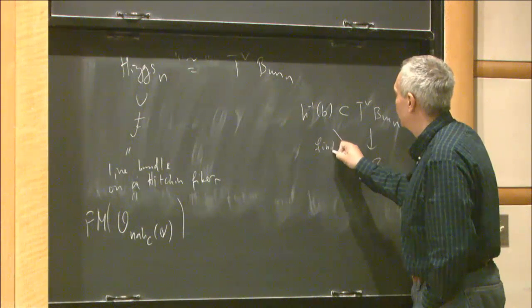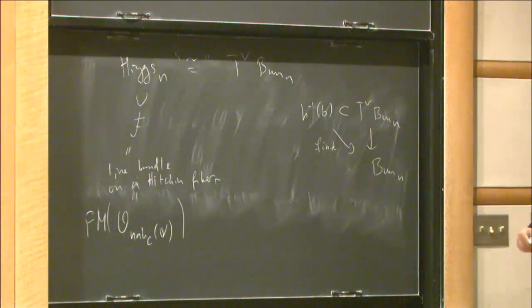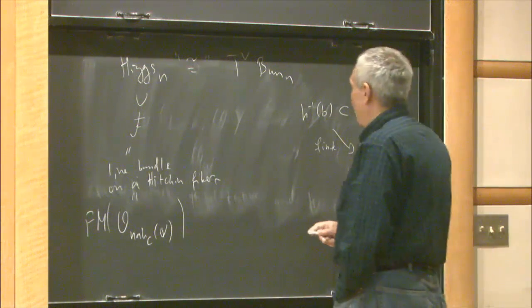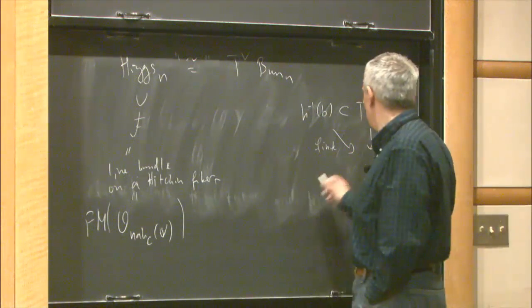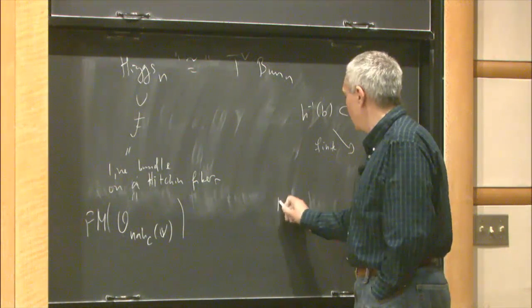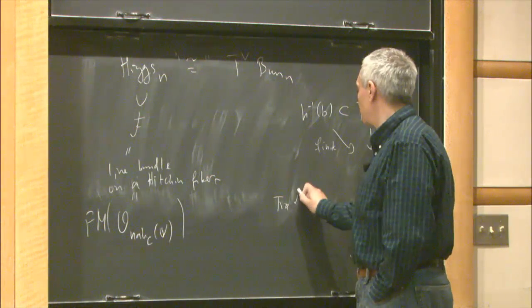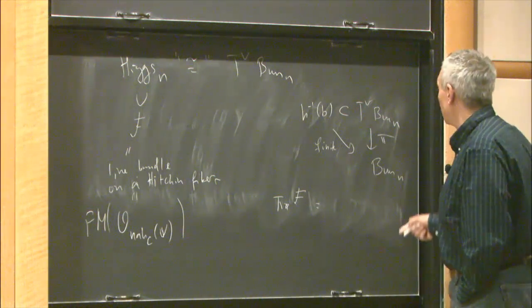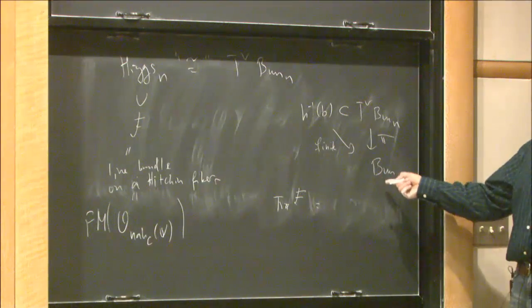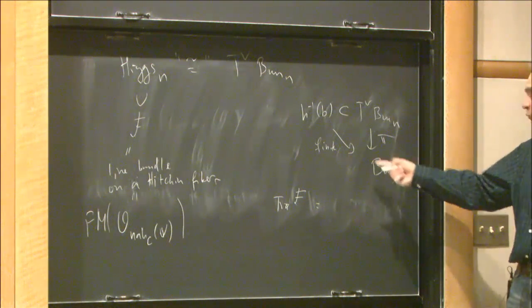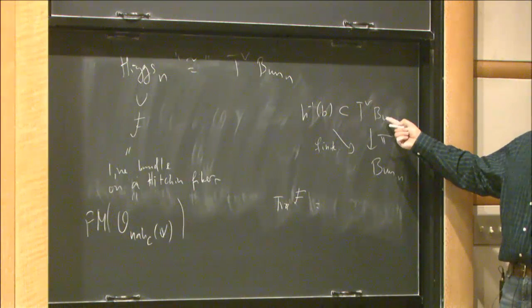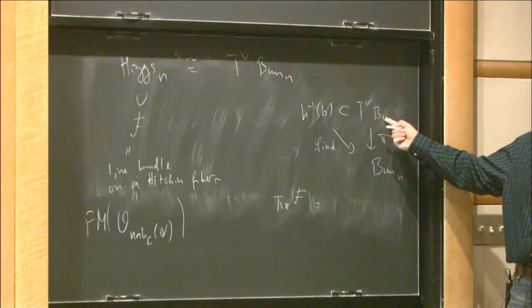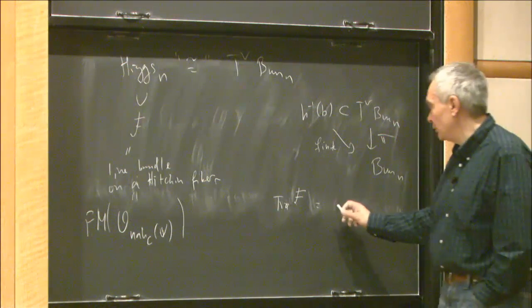Well, I'm cheating here a little bit, but it's finite. So once you have a line bundle, you can just push it down. The pushforward of F is going to be a coherent sheaf on Bun N, in fact a vector bundle on Bun N, equipped with an action of the symmetric algebra of T. And that gives you a Higgs field.